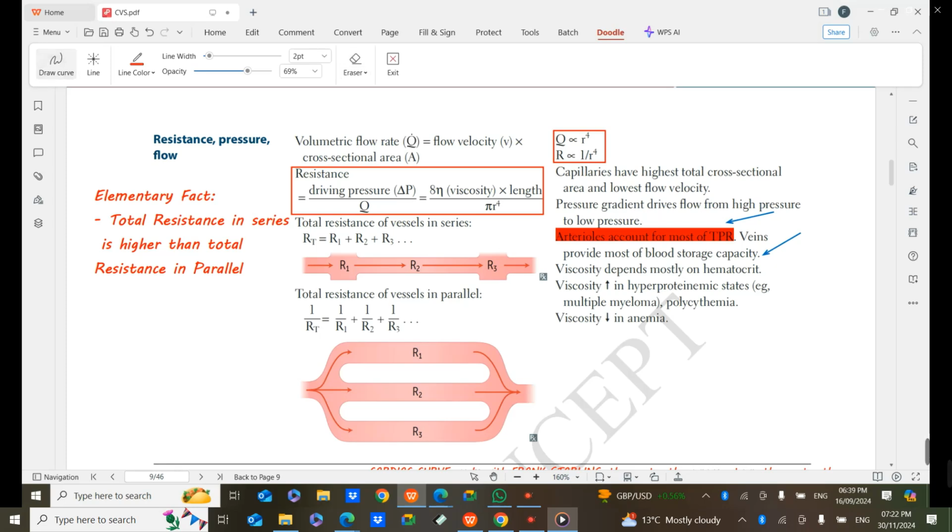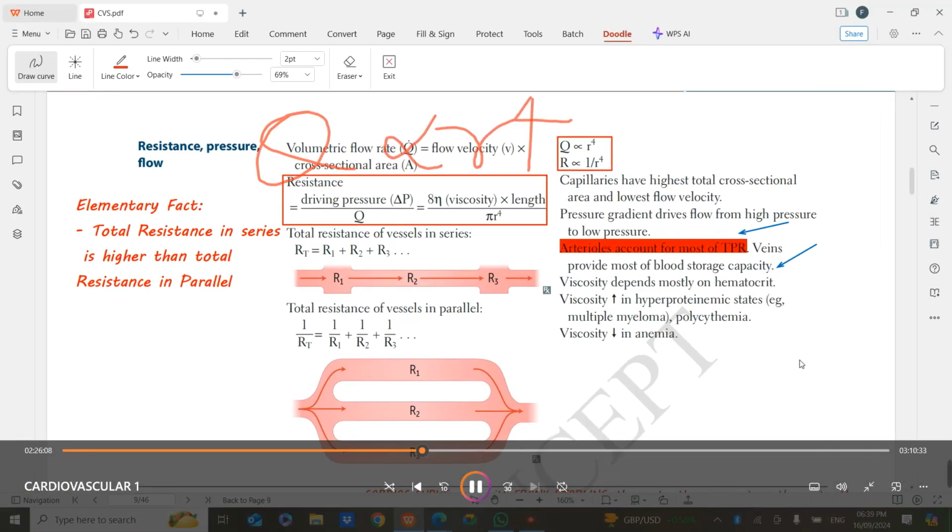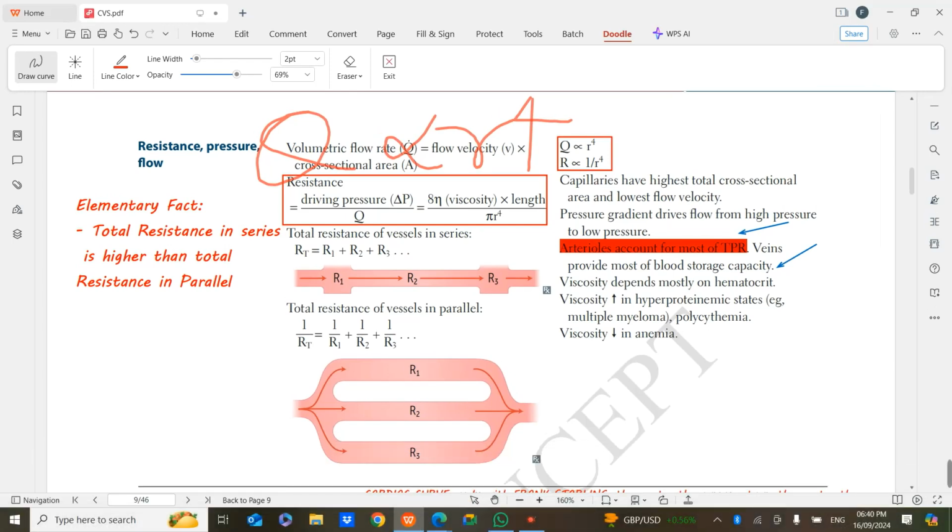Flow is directly proportional to the radius raised to power 4. And that's that. You want to note this formula very well. So what happens is that in the exam, they will give you a vessel.